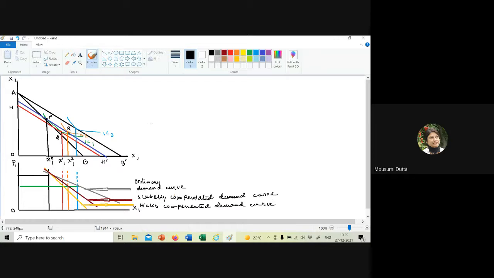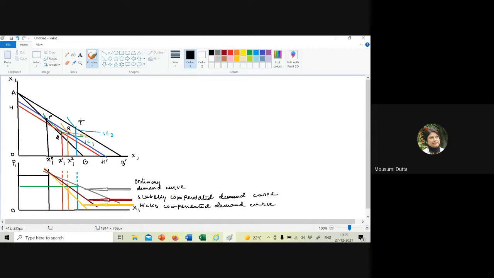Okay, and this last thing, this point I am marking as S, PQRS. S may be a bit problematic, I think, because in Slutsky also I'm using S. So T. Okay.